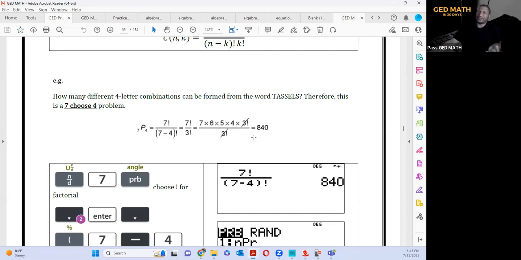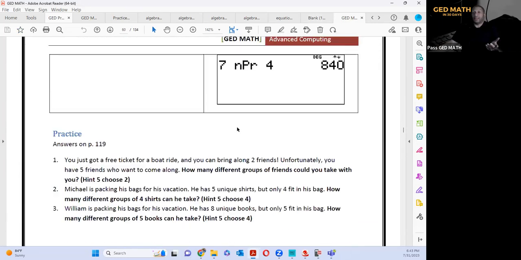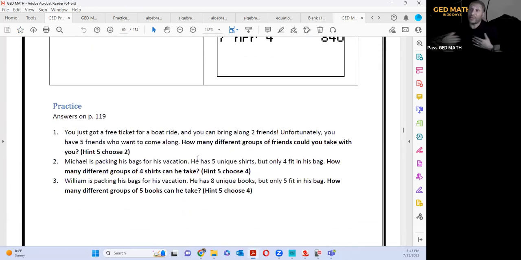Because learning this and when to do it takes a while, and to me, it ain't worth the time to pass your GED. So that's what I would say. I tried to show you how to do it by hand, and I showed you how to do it with the calculator. Okay. All right, what's next?